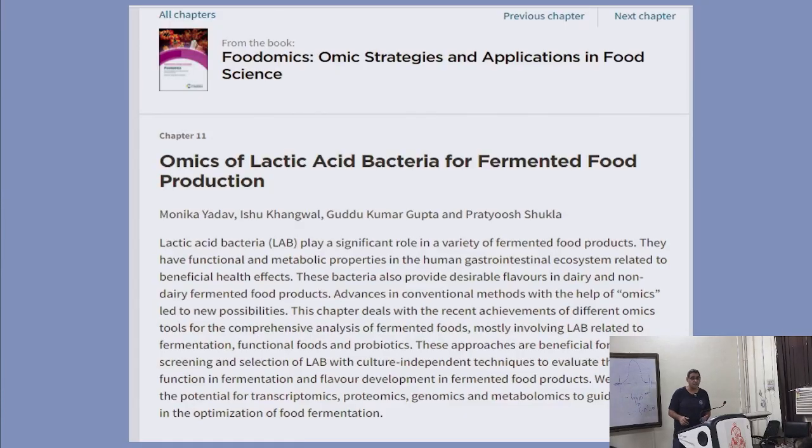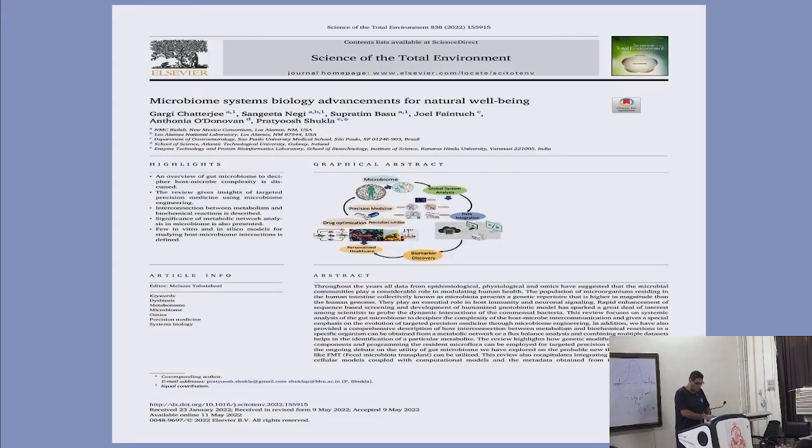Foodomics is a new area, so we contributed to this chapter. We talk about omics tools, foodomics. So lactic acid bacteria based omics, and day before yesterday somebody was asking about screening and selection of culture independent. The foodomics tools can be useful for bacteria which cannot be cultured, unculturable. So this is also good.